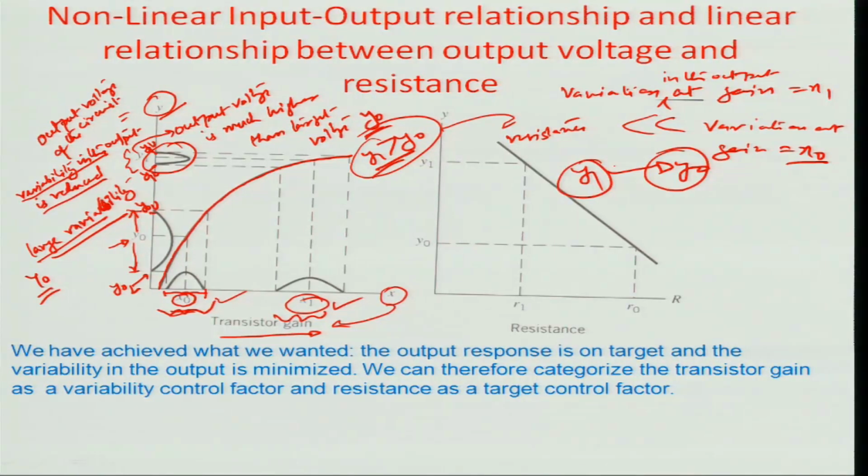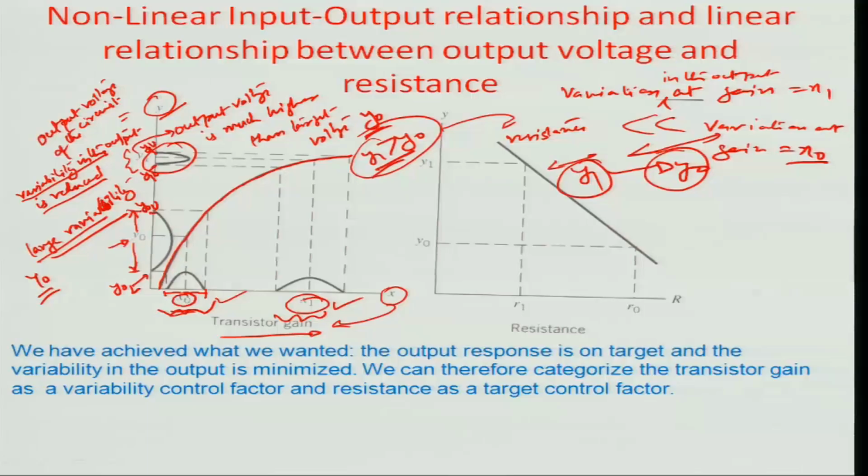But the advantage you are getting is that the variability at y1 is very small in comparison to the variability at y0, and so obviously it would be a wise idea to put a resistive loss in the circuit, so that there can be little variation in the output, because resistance is by and large a linear part of the circuit, whereas this gain versus output voltage is a non-linear characteristic.